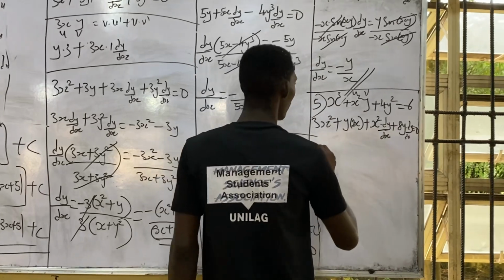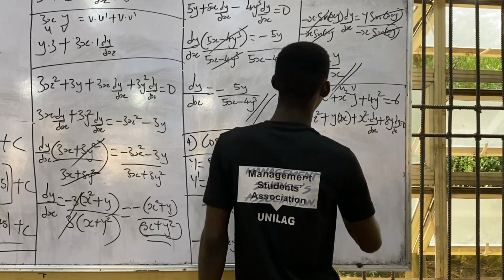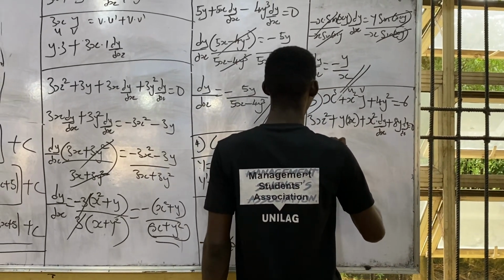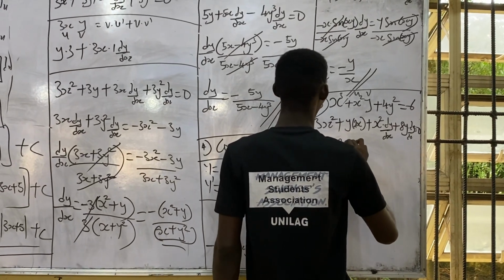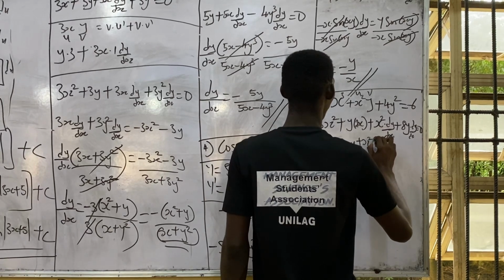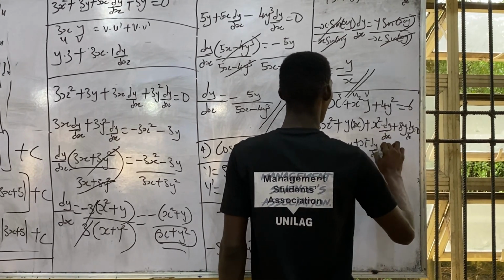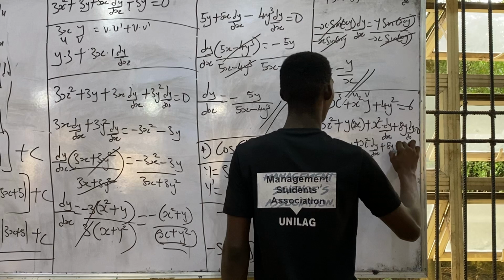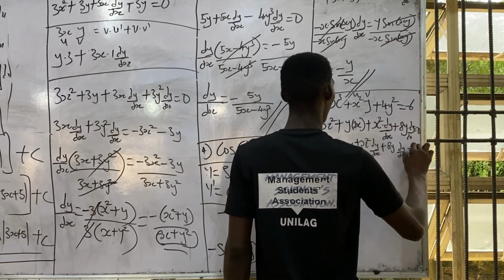Alright, so let's collect like terms. What's similar here? You have 3x squared plus 2xy plus x squared dy dx plus 8y dy dx is equals to 0.